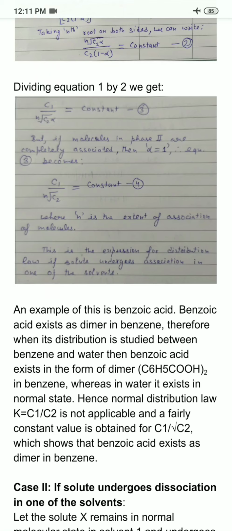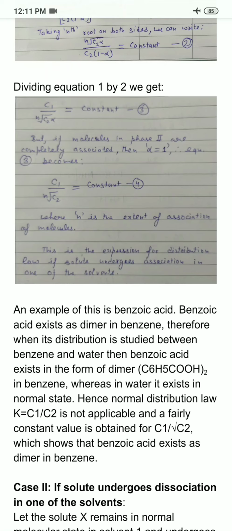The dimer is represented by C6H5COOH taken twice. But keep in mind that benzoic acid exists in this dimeric form only in benzene, but not in water. And in water it exists in the normal state.